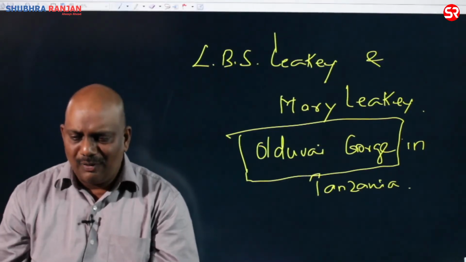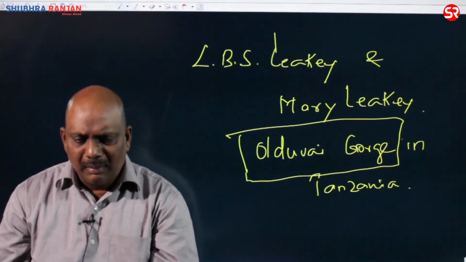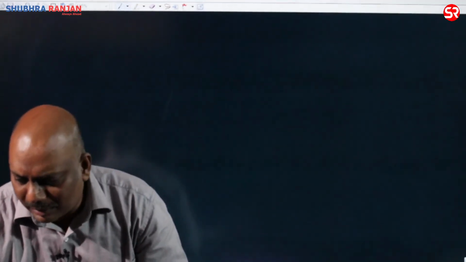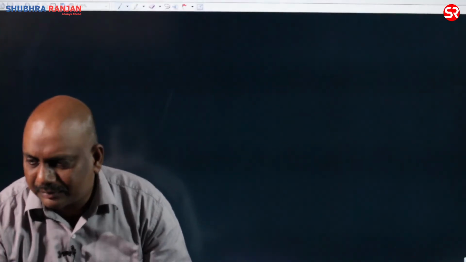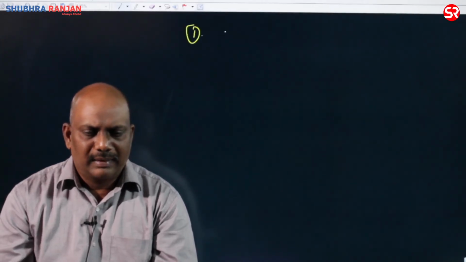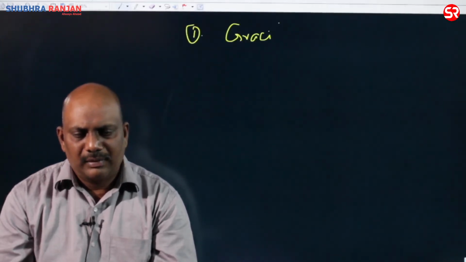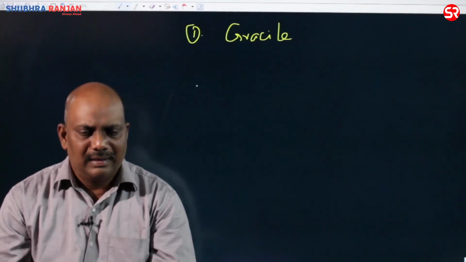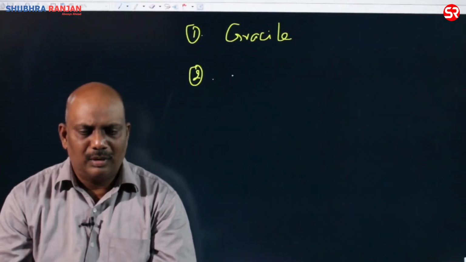Okay, so now, before going into describing the anatomical characteristics, let us discuss a few more things about Australopithecus. Australopithecus, generally, they are grouped into two types. One is gracile and another one is robust.